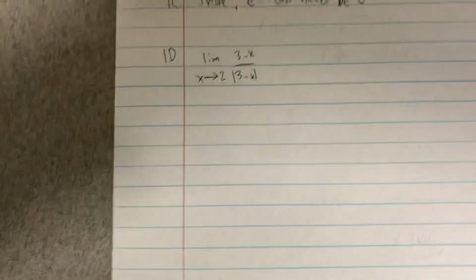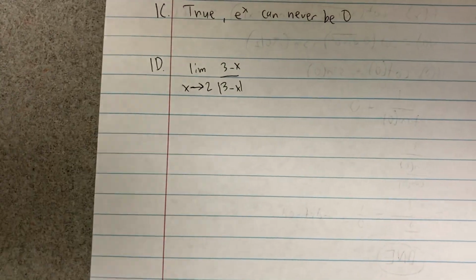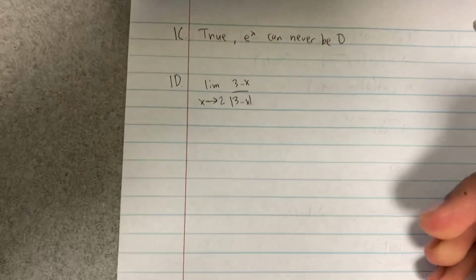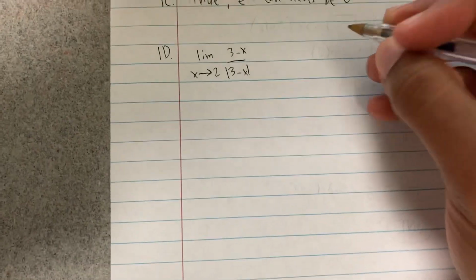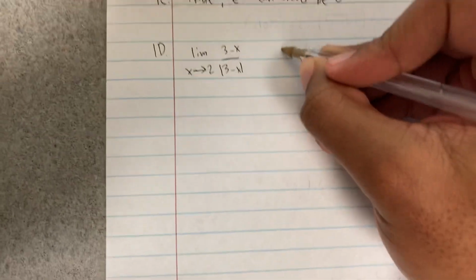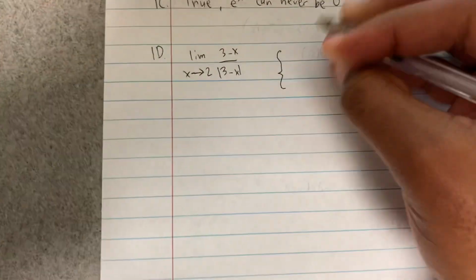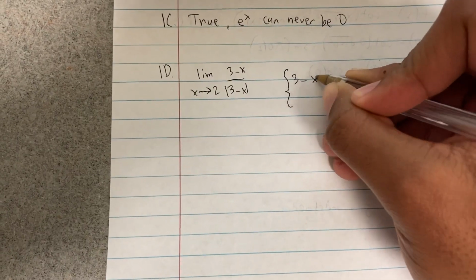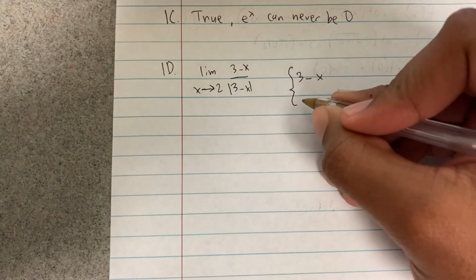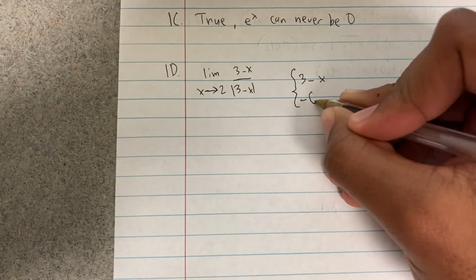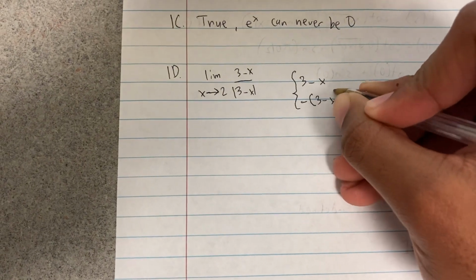So basically for this, the absolute value of 3 minus x, it's basically the same thing as writing it like this, 3 minus x, and then negative 3 minus x.